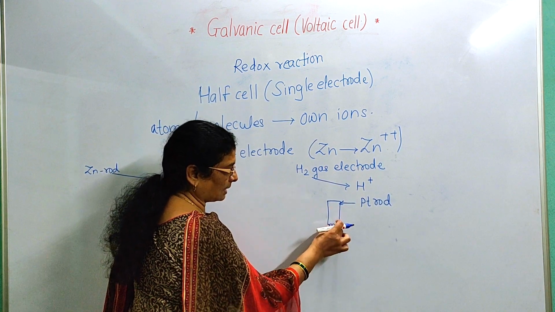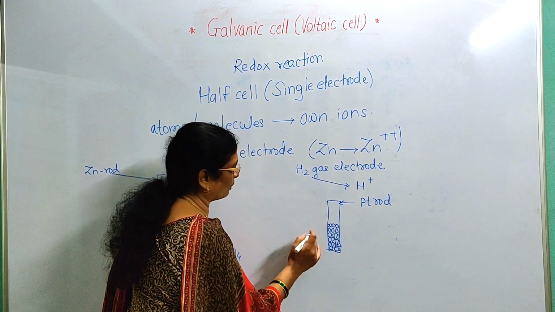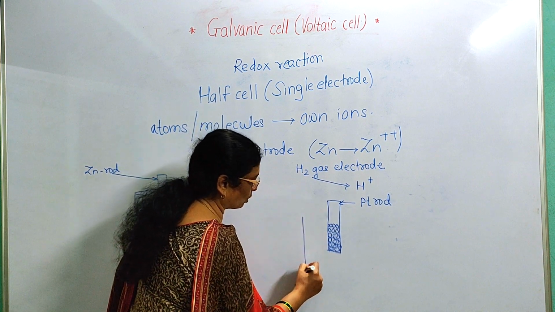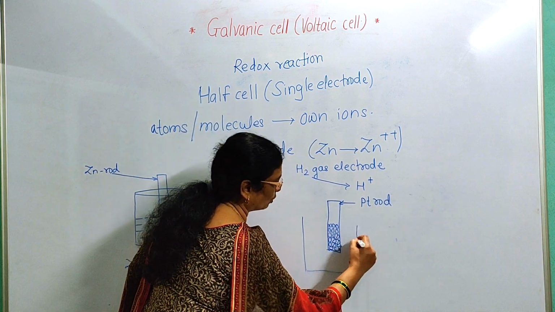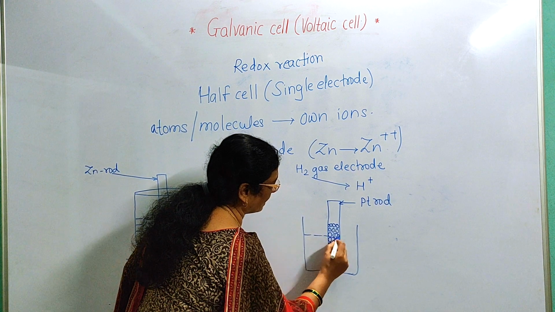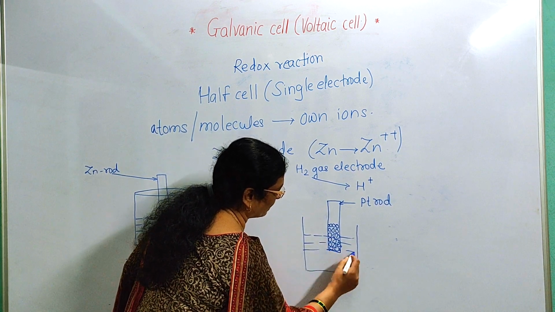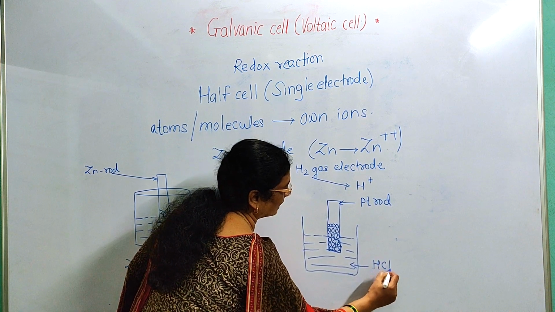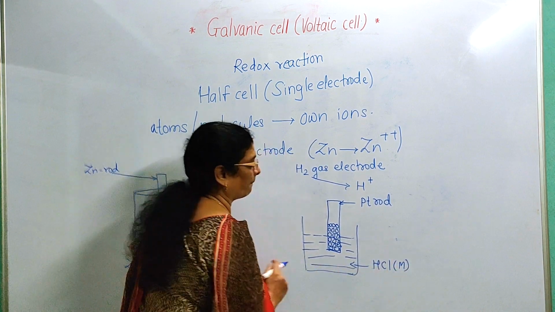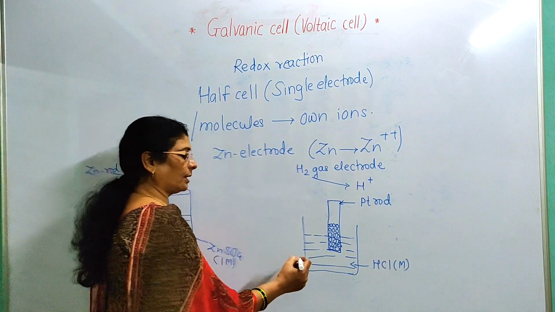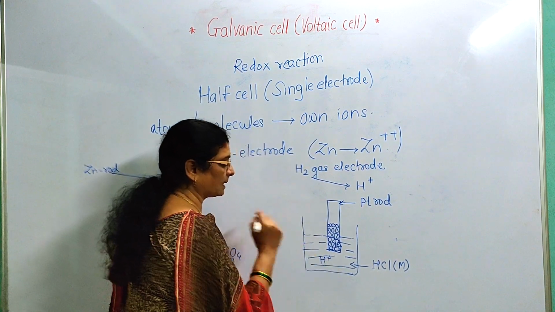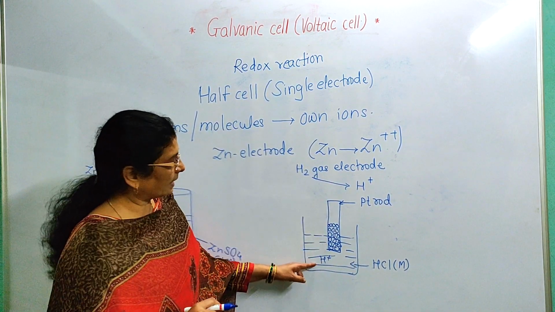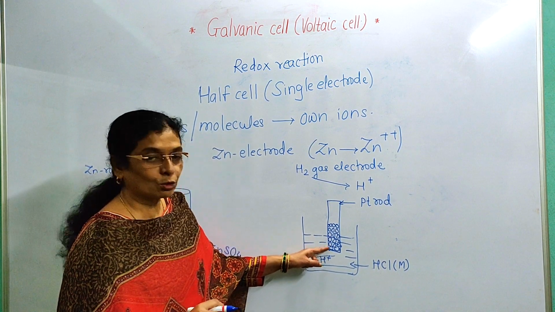That means this rod is now a hydrogen rod, and it is dipped in a solution containing H+ ions. For example, suppose we have taken HCl solution having 1 molar concentration. Now HCl solution contains H+ ions. H+ ions are in direct contact with H2 molecules.